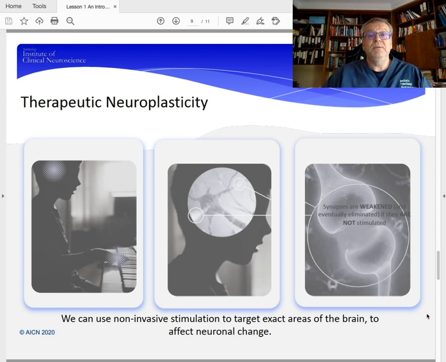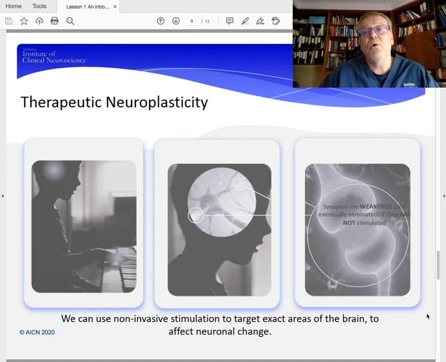Okay? So basically, when we talk about therapeutic neuroplasticity, it's understanding that the synapses, or the places where the nerves come close together, where they activate each other or inhibit each other, can be modulated or changed based on the activity levels coming through them. So synapses that are used a lot are hardwired.